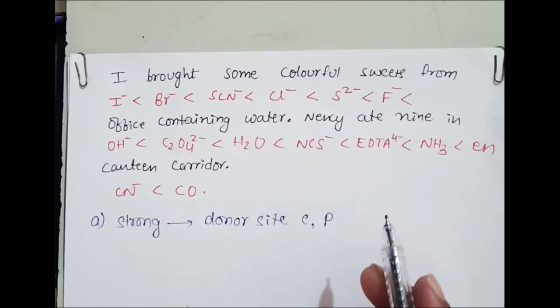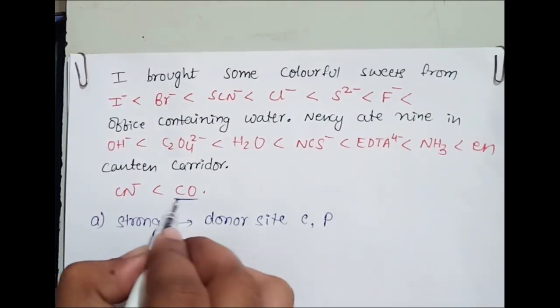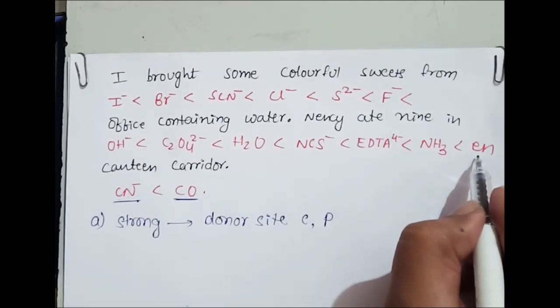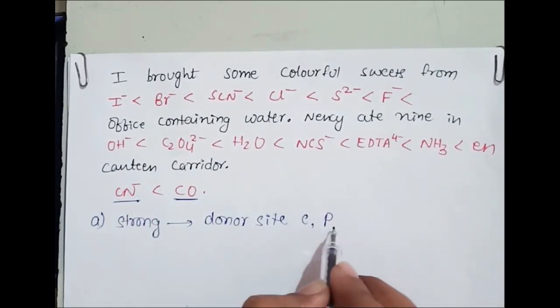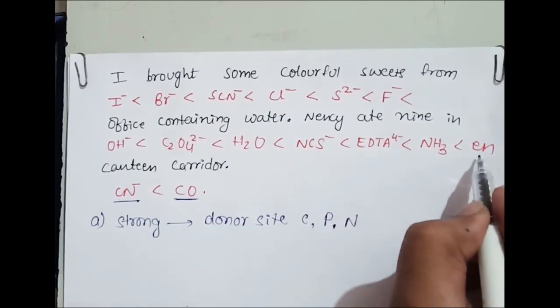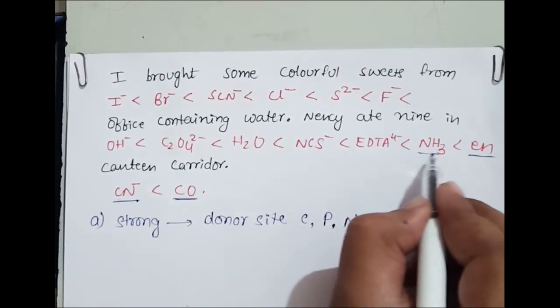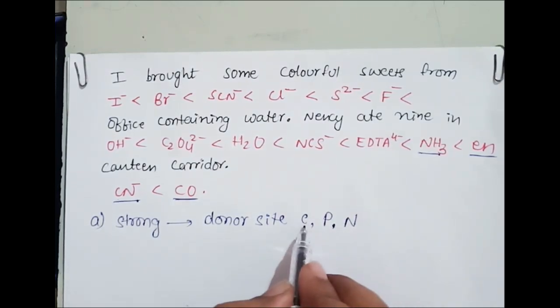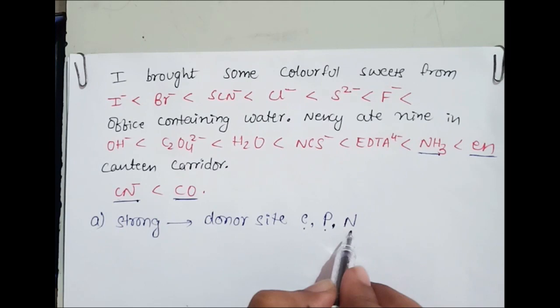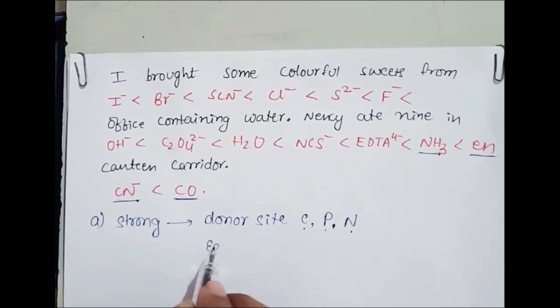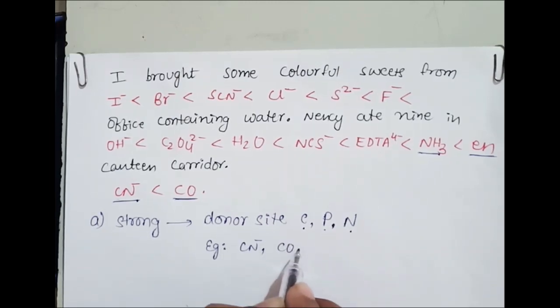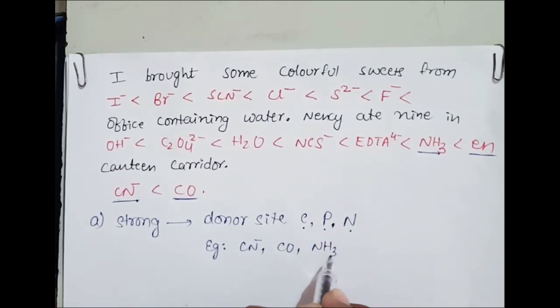You can see the donor site is carbon here, and here also carbon, and in EDTA the donor site is nitrogen, and in ammonia the donor site is nitrogen. So if the donor site is carbon or phosphorus or nitrogen, then it is a strong ligand. Examples: CN minus, CO, then NH3, then En.